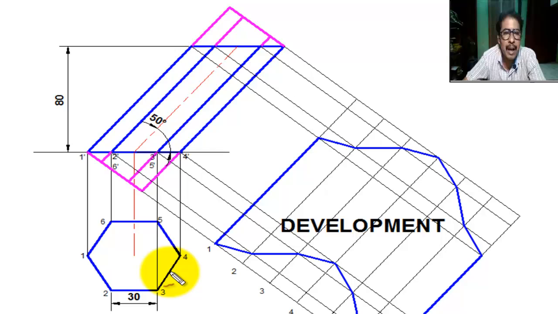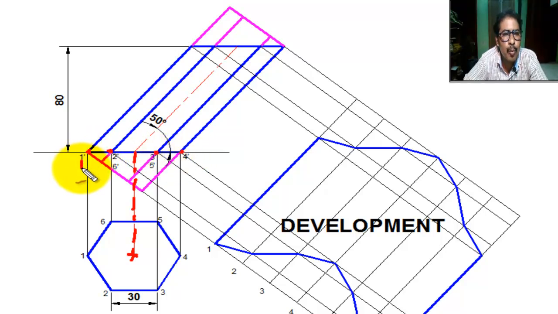Now we join any two corners, then we get the center point. We draw the center line. Now we mark these points.